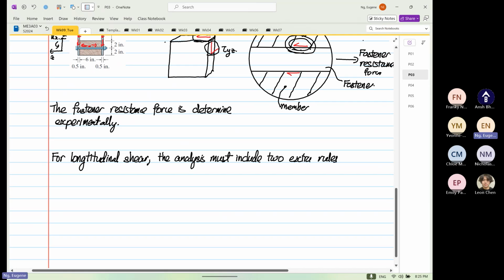Okay, the first rule that we have to have is the member must entirely distribute the shear flow or shear stress.